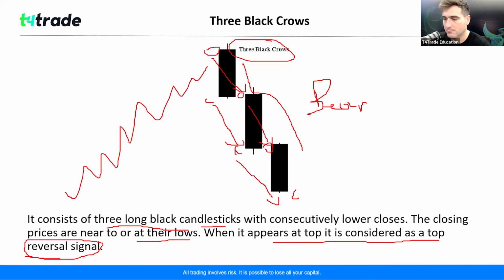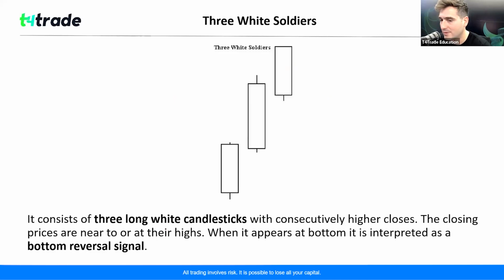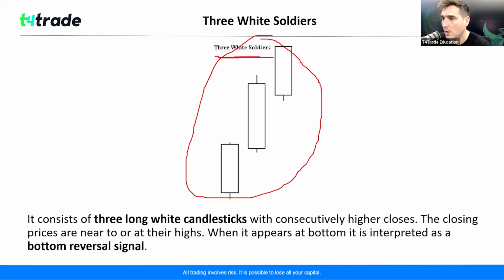Okay, next one is obviously the complete opposite. Three white soldiers. You get the point with the white and black. Once again, in the past, white candles were the bullish ones, black candles were the bearish ones. So here we have three bullish candles with big real bodies, okay, full bodies. You see, okay, consecutively higher highs, okay.